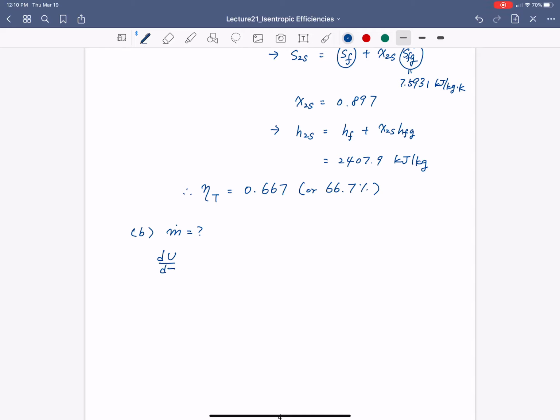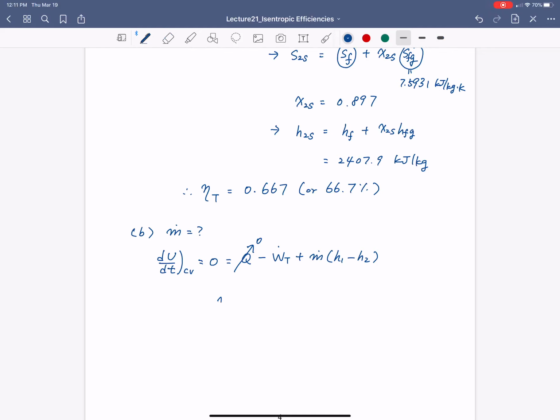So the change of internal energy of the control volume, which is the turbine, is 0, and that is due to Q dot minus W_T dot plus m dot times (h1 minus h2). We don't have to worry about the heat transfer rate.